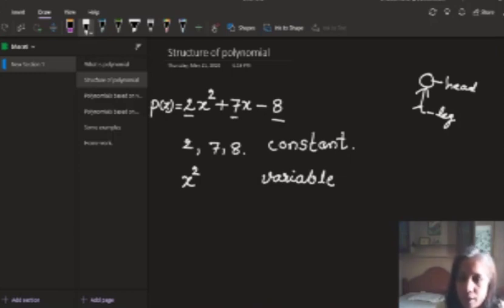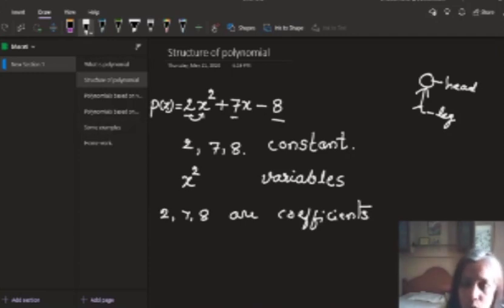And one more thing, with respect to x square, we call this 2 a coefficient, 7 also a coefficient, and similarly 8 also. So 2, 7 and 8 are also called coefficients. Yes, they are coefficients.